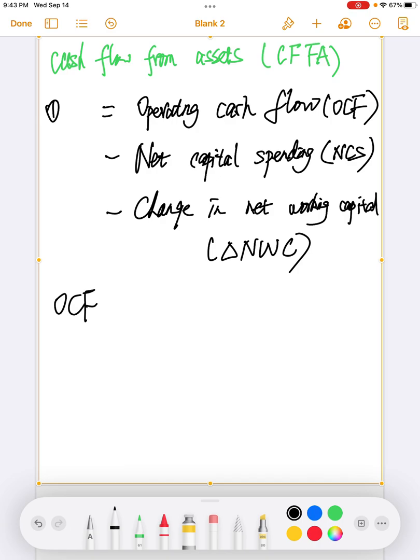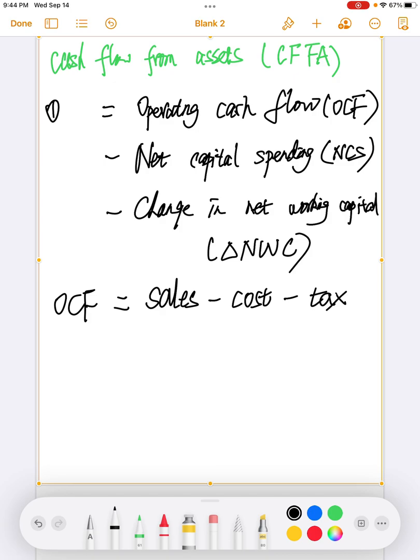Operating cash flow just equals the company's sales revenue minus any expense related to its operating activities, minus cost. In this case, we don't include depreciation or interest, because depreciation is not cash flow, and interest is a financial expense that is not related to the company's operation.